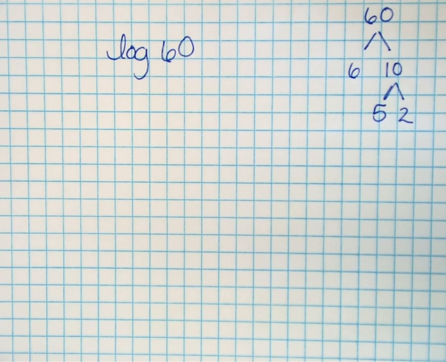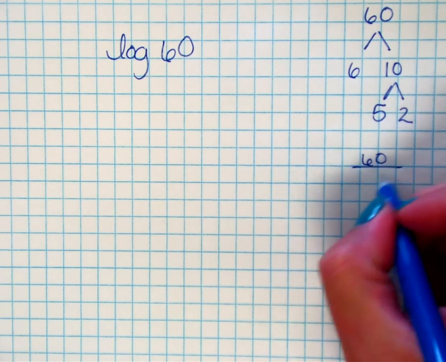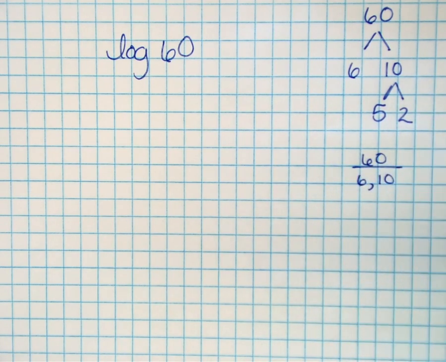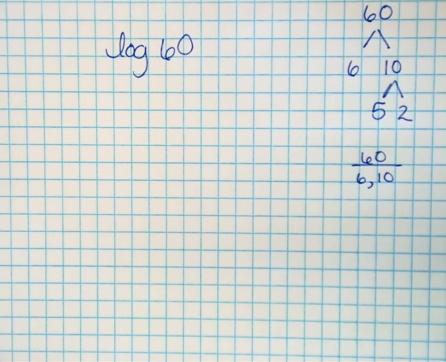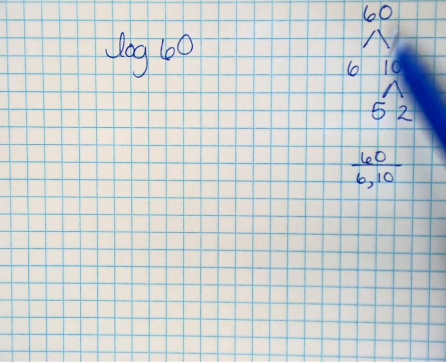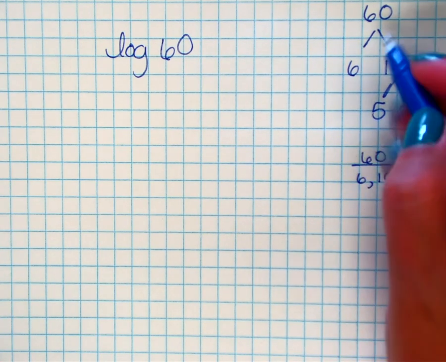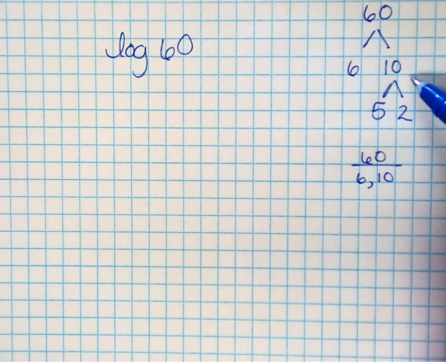The number 60. You've done it a million times. That's just called a factor tree. And the reason why I used it is because I broke 60 down into 6 and 10, but I have no information for log 10. I only have information for log 5 and 2.